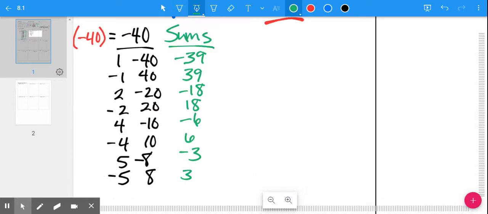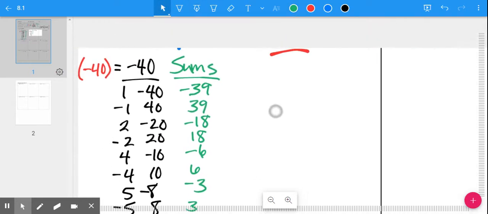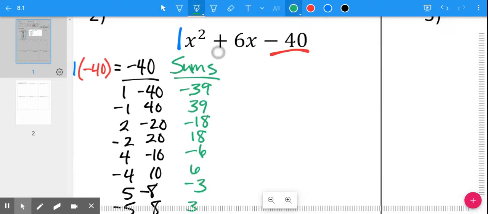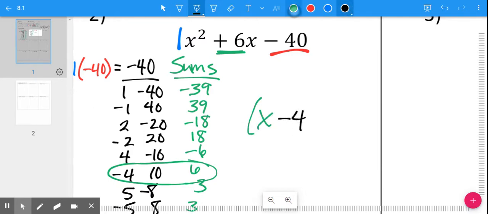So now that we have our sums, we can go back to our equation or our expression, and we see that our b value is a positive 6. So there's our factors. And again, since the a value is 1, we can simply write our intercept form. So we have x, one of the factors is a negative 4, and x, the other factor, is a positive 10.